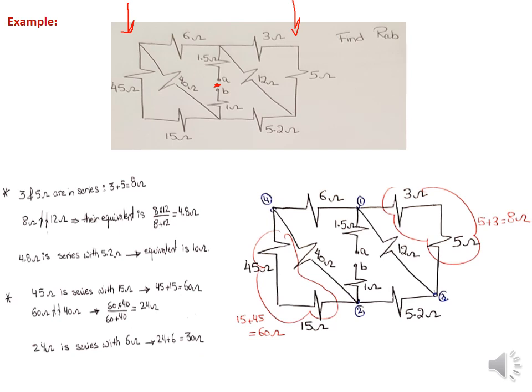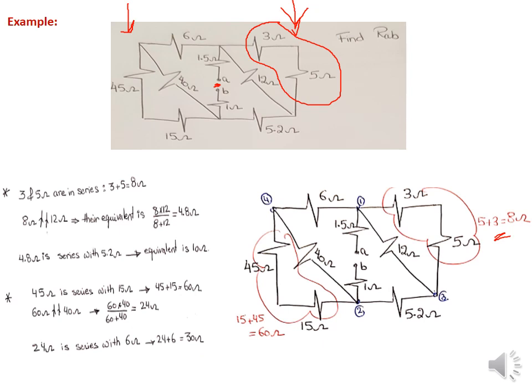ببساطة هون لو اطلعنا to this side of the circuit، هنقول انه ال 3 وال 5 are in series. يبقى هشيلهم وحط محلهم resistor واحد into 5 plus 3 which is 8 ohm.